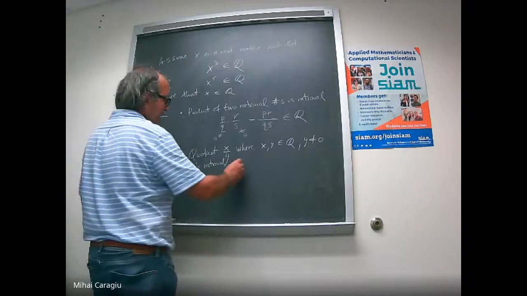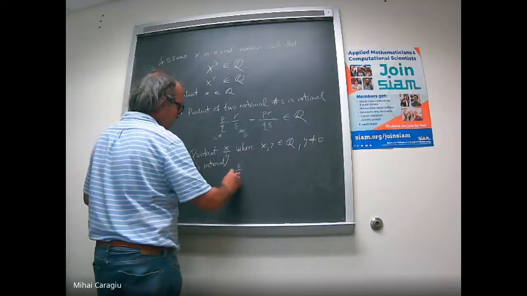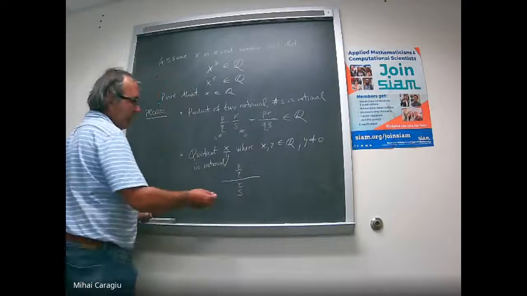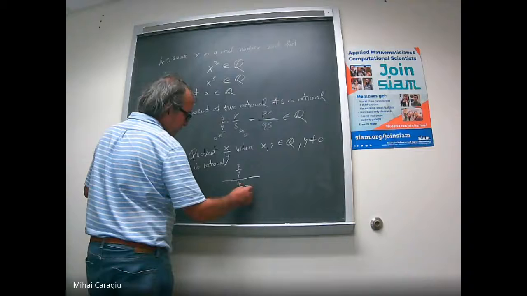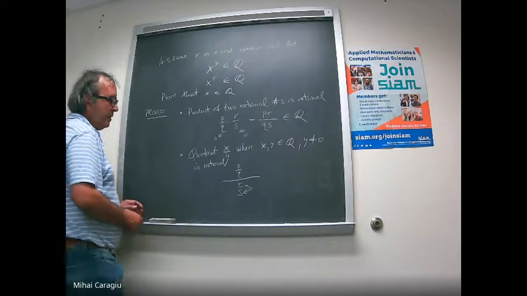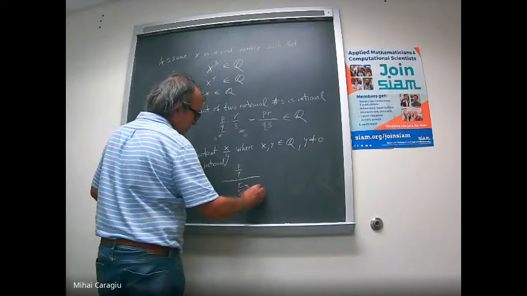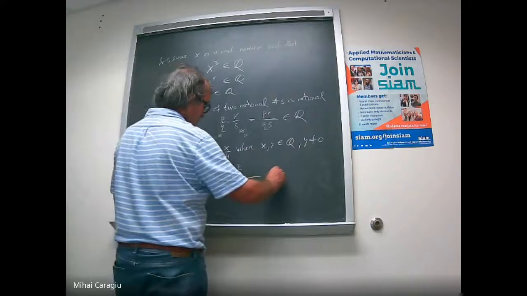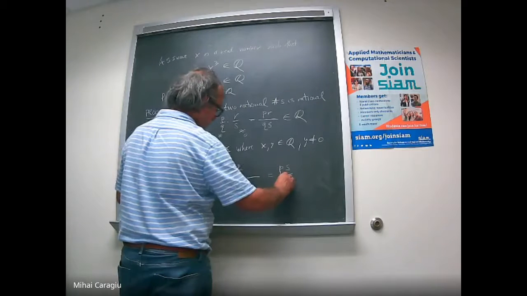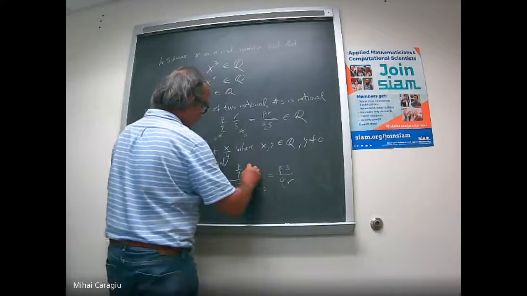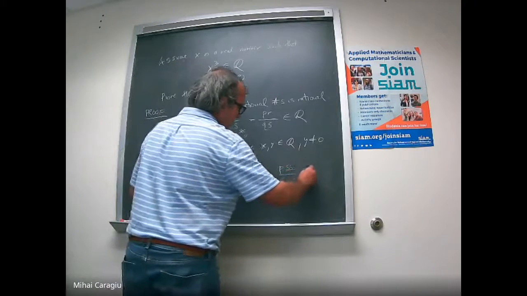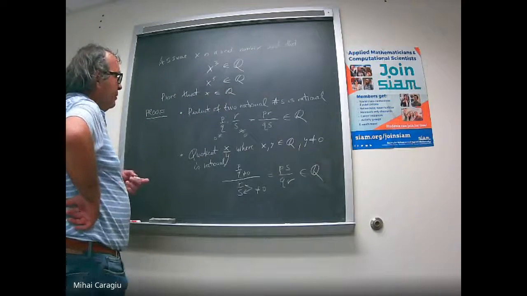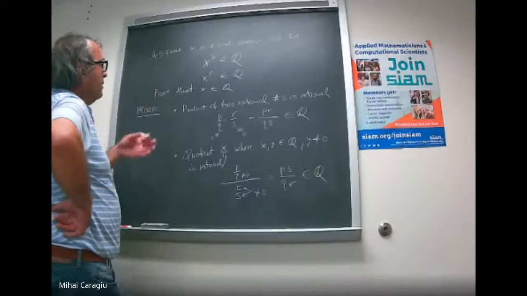Indeed, if we divide p over q by another rational number r over s, where r and s are both non-zero, to make sure that r over s is a non-zero rational number, now this quotient will be ps over qr, which is non-zero here, and belongs to Q. So these are two useful things which are instrumental in solving the problem.